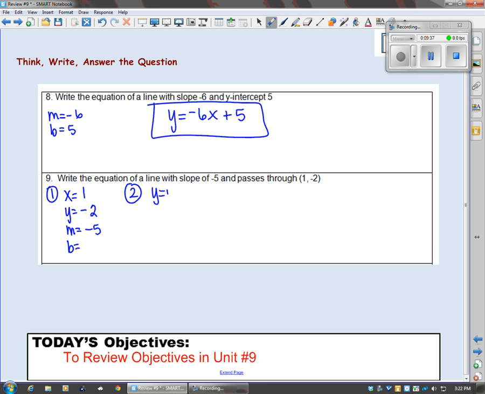Plug in to y equals mx plus b. y is -2. m is -5. x is 1. We are searching for b, so it stays a letter. So -2 equals -5 times 1, which is -5. Add 5 to both sides, and I find out that b is 3.